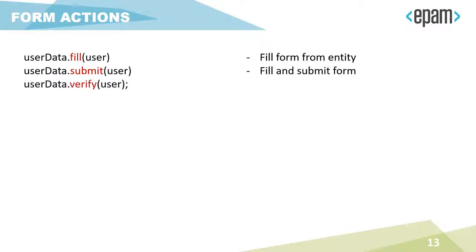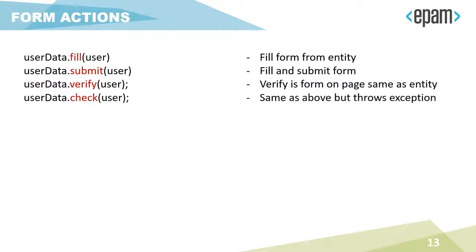We can verify, and this action provides us with a Boolean result. If all data that we can get from this form is the same as user data, we'll have true. Otherwise, we will have false, and we can see the list of differences here.